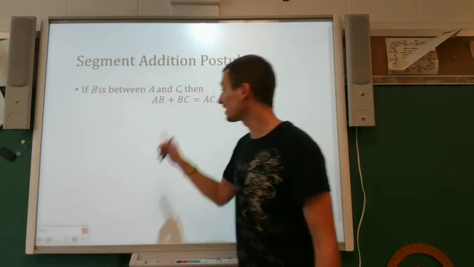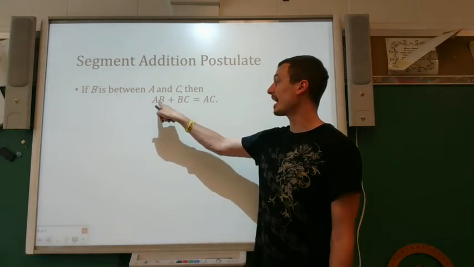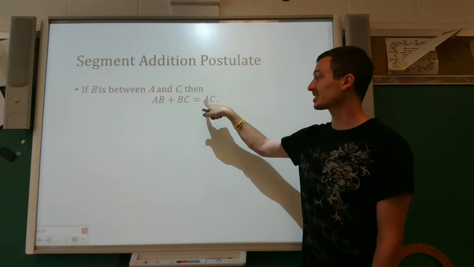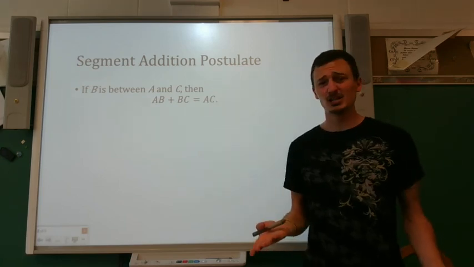So when we look at this, the distance between A and B plus the distance between B and C equals the distance between A and C. That kind of makes a lot of sense.